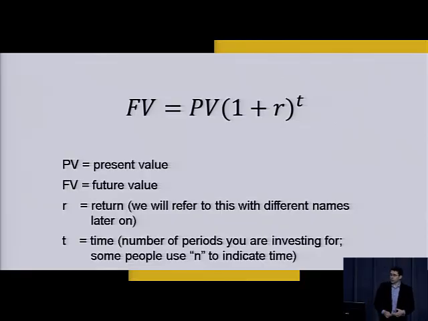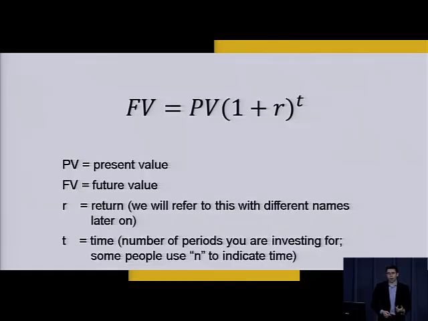The last two components are our return and our time factor. We'll talk about those in detail, and we'll have different terms for both of those throughout this course, but let's focus on the return first. So our return, that's just your percentage return over every period during the lifetime of your investment.